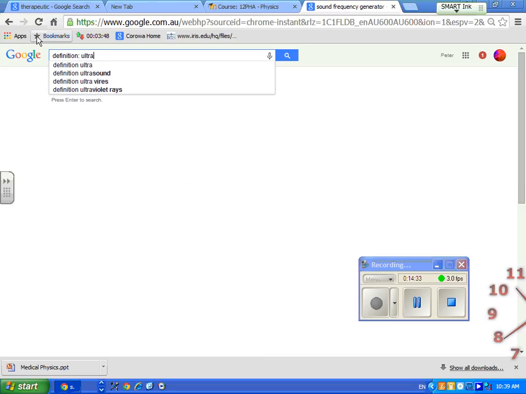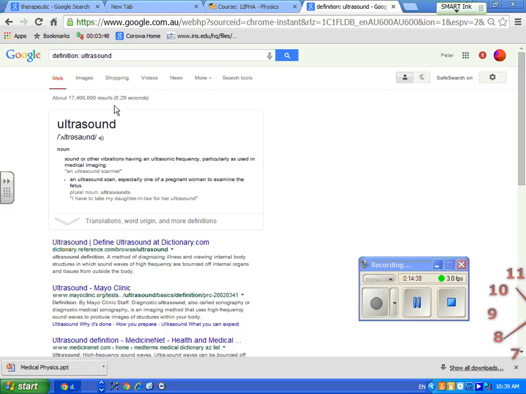Often we use the word ultrasound to be defined as sound waves used in medical diagnosis, but actually it depends on who you listen to, but generally it means something at about 28,000 hertz or above. Some people use 30,000. But it's an arbitrary number of where the frequency is above.